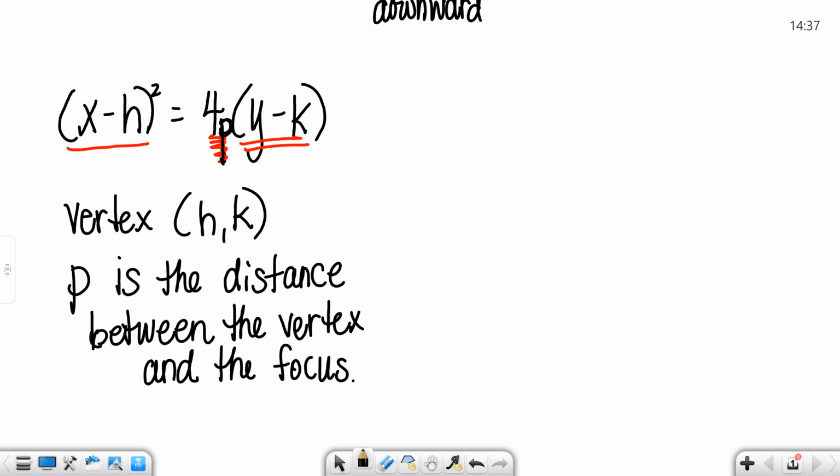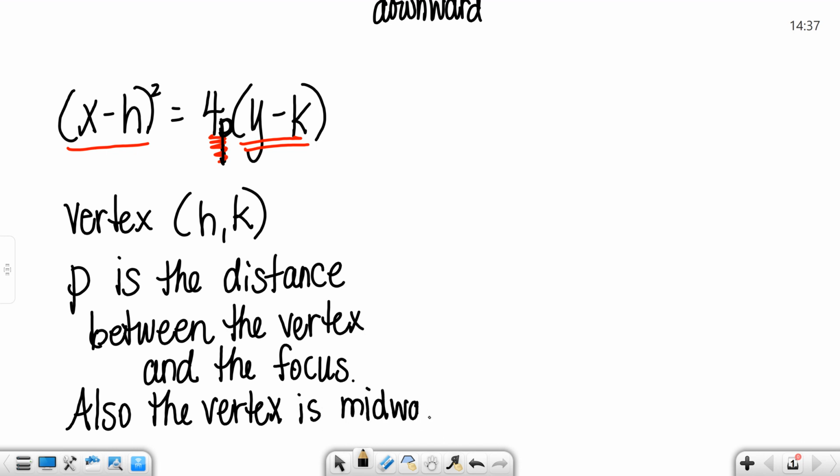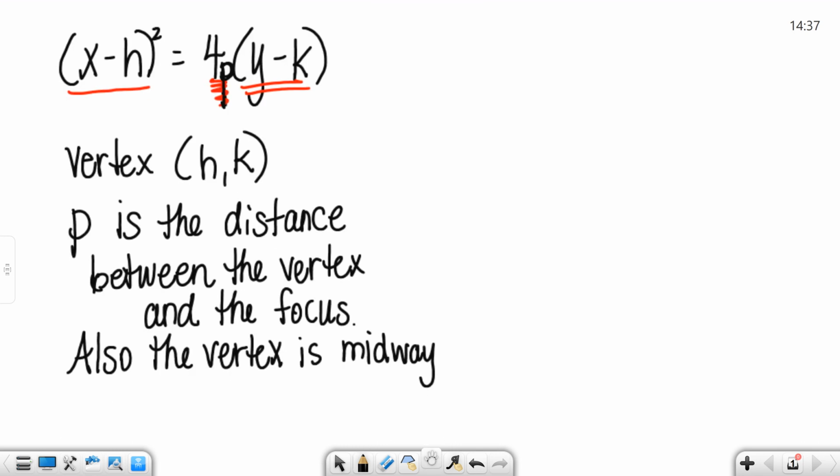Now, when we've done parabolas before, we didn't have a focus. Well, now we are going to have a focus. We are also going to have something called a directrix. And the vertex is midway between the directrix and the focus.